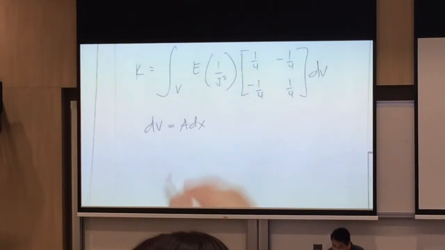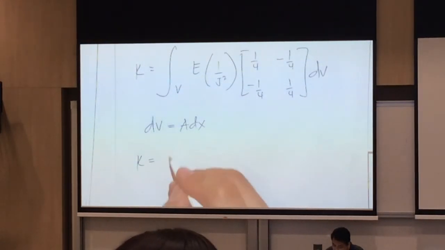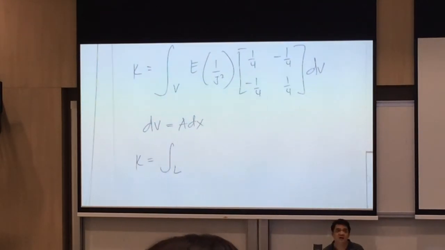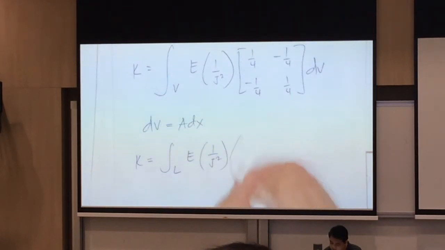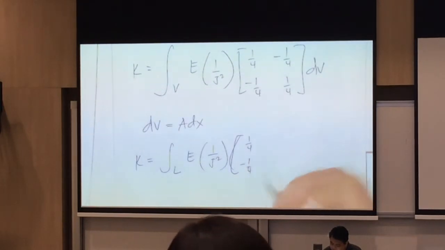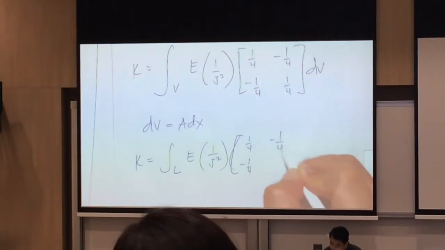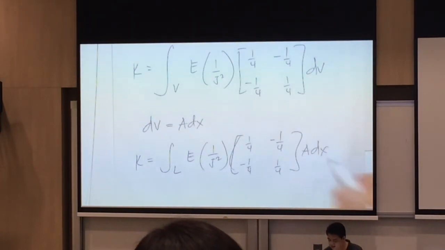So if we want to simplify this one now, K is equal to your line integral E1 all over your Jacobian squared, 1/4 minus 1/4. So I'm just writing now, this one will be A dx.